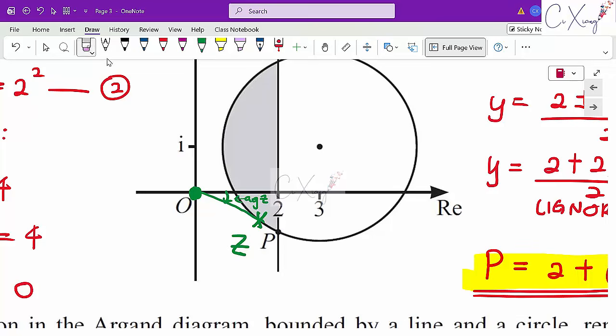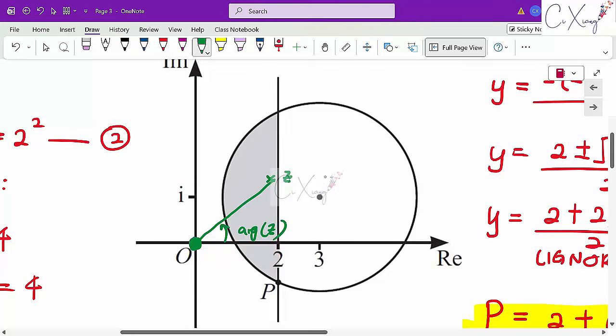If you try another point for the Z, let's say somewhere here, this is the Z. Then to get the argument, you draw a line from 0, 0 to the point Z. Do you think this is the argument that is the greatest in the shaded region? No, right?